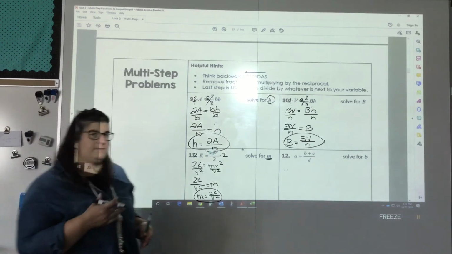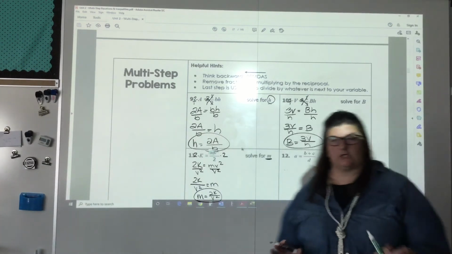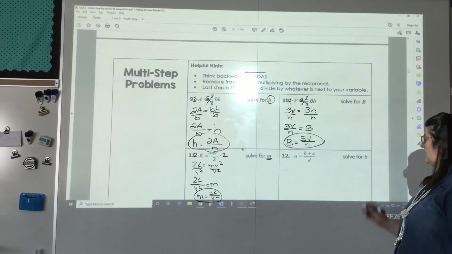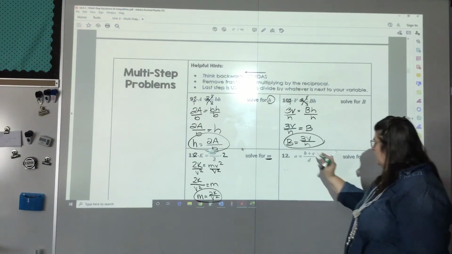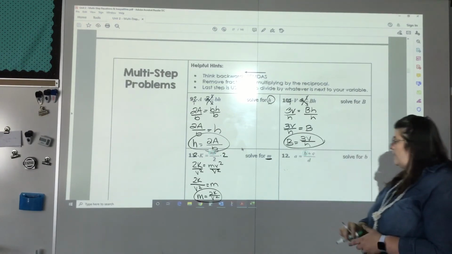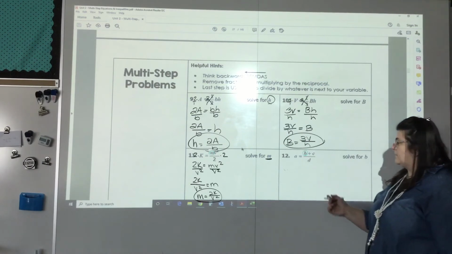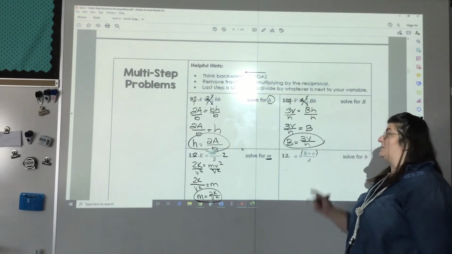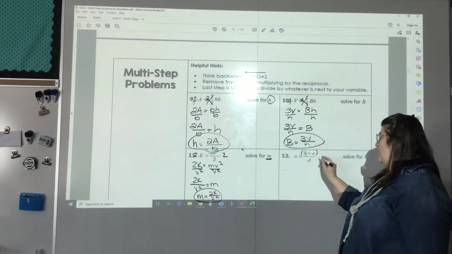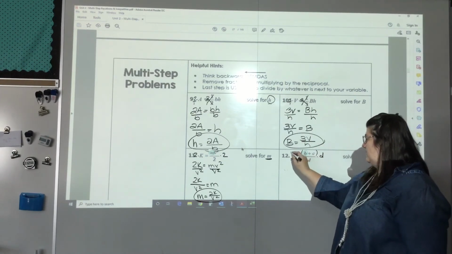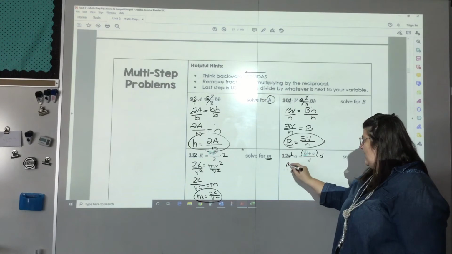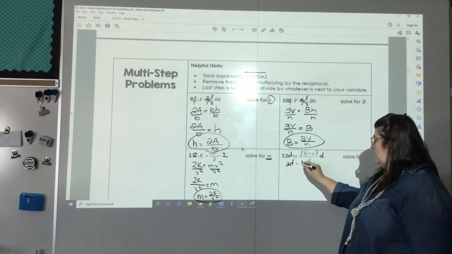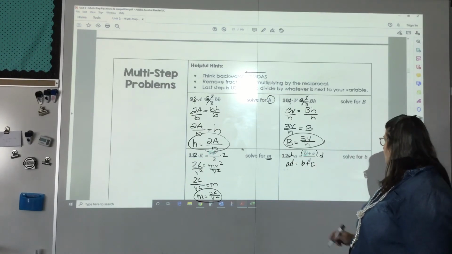Once we get in the rhythm and you feel more comfortable, it starts to become a little more easy. We're solving for b. That's right here. This guy right here. So we're working backwards. In this case, this is kind of like it has parentheses around it, so that's like the last thing that we're going to do. I need to multiply by d. So I've got a times d equals b plus c.